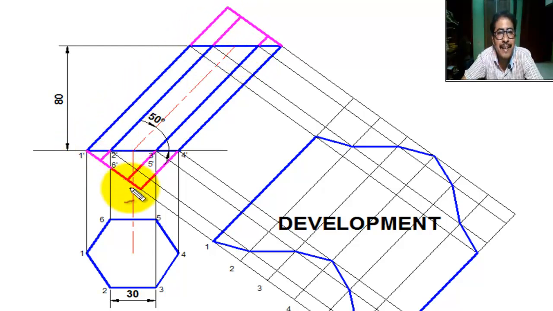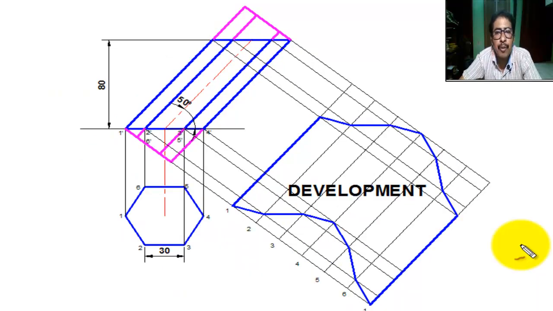now assuming this is a regular hexagonal prism, draw the development of this regular hexagonal prism in the same manner as a regular hexagonal prism.